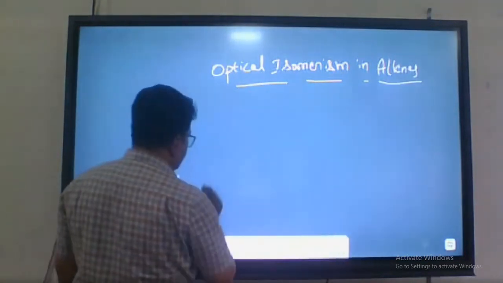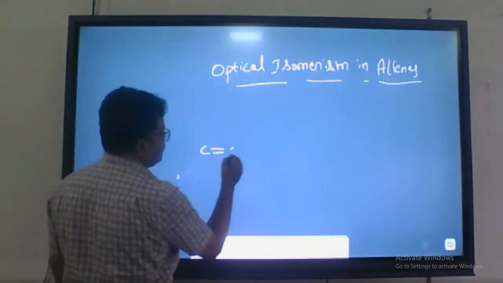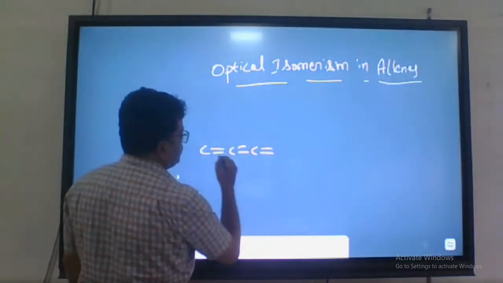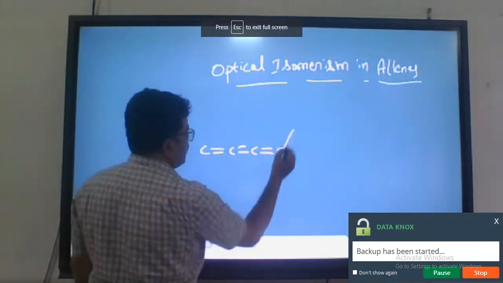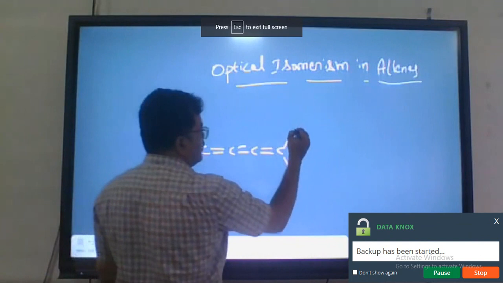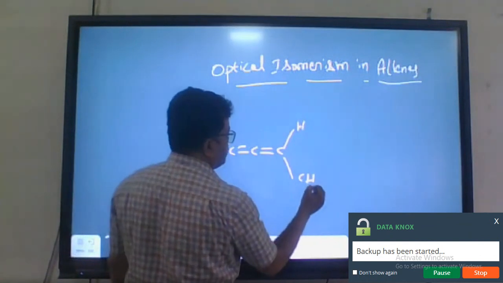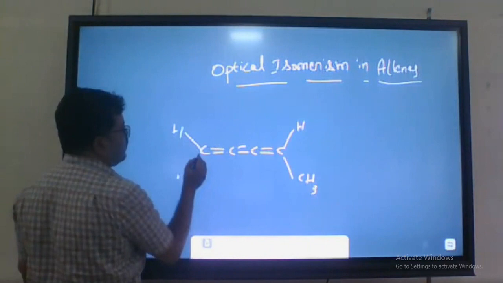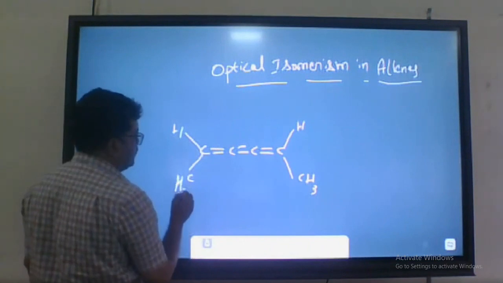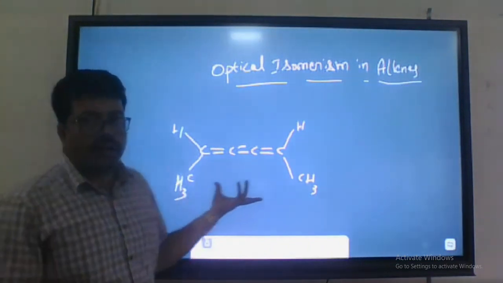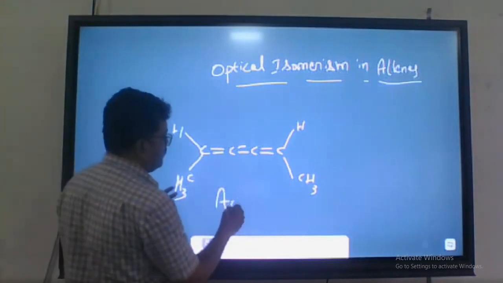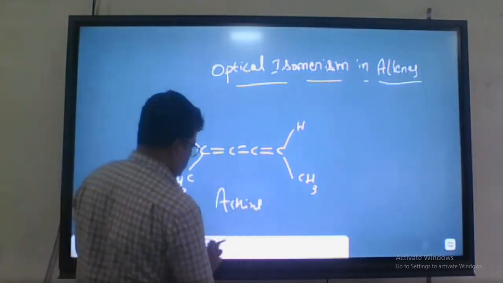What about an odd number? Odd number of double bonds. See, in the odd number case, this is chiral.